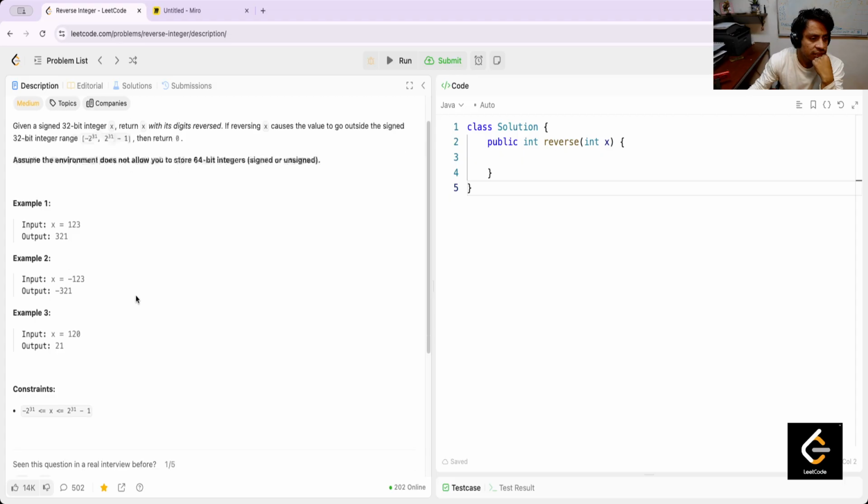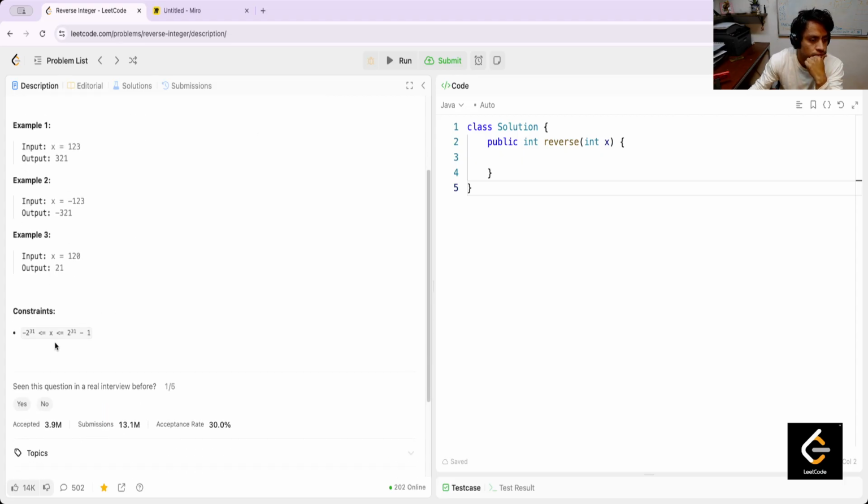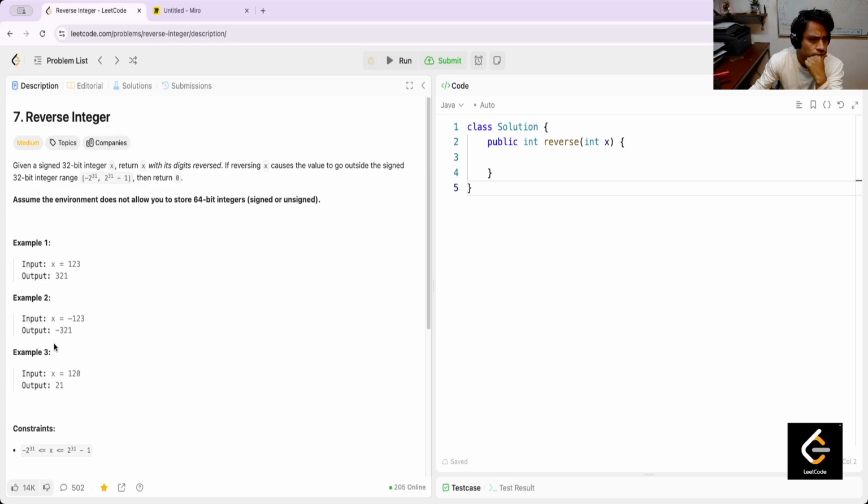And what is the restriction of this problem? Well, the first point is this. If I am right, this means the maximum value that we can save in an integer, at least in Java, but I am sure it is very similar in another language.